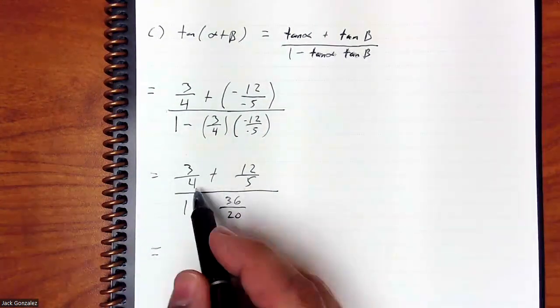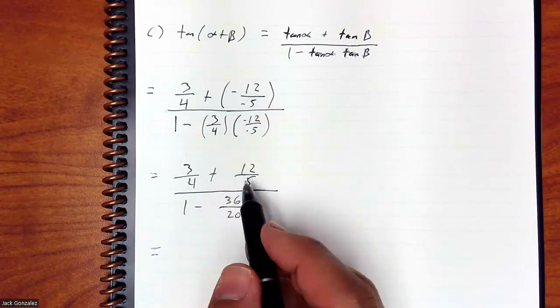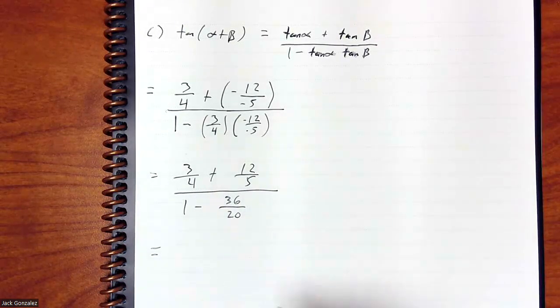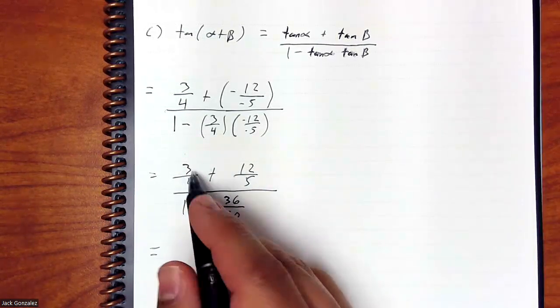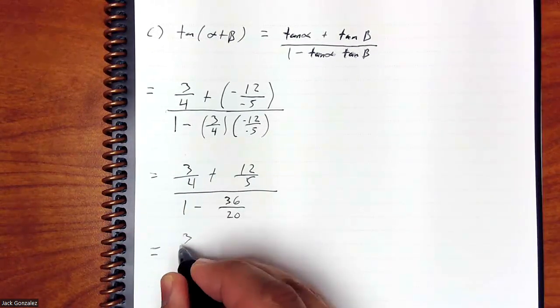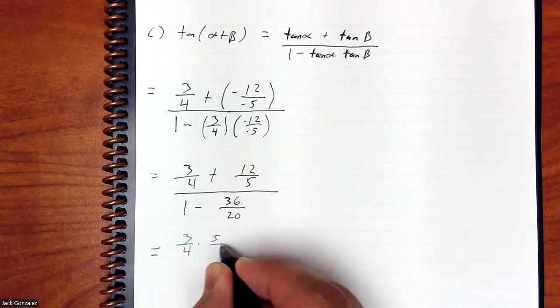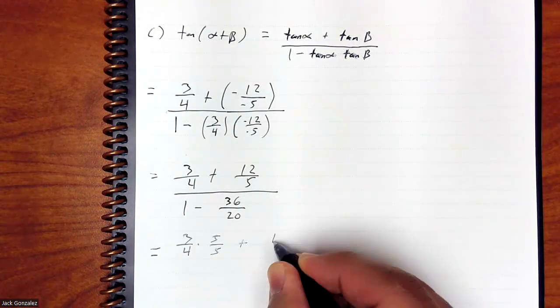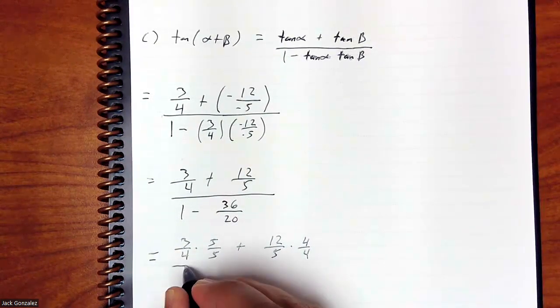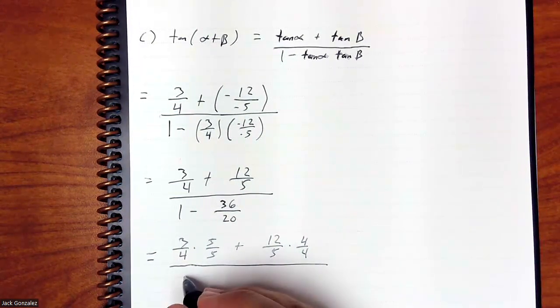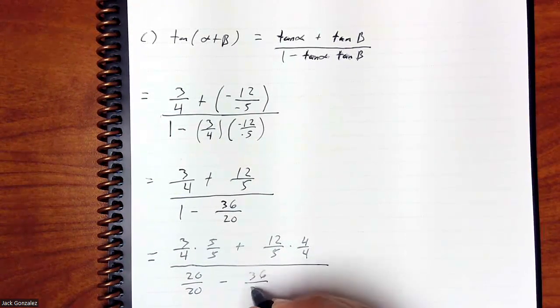The LCD is 4 and 5, or 4 times 5, which is 20. Let's do the top, so it changes into a denominator of 20. So 5 over 5 plus this guy times 4 over 4. Change the 1 into 20 over 20 minus 36 over 20.